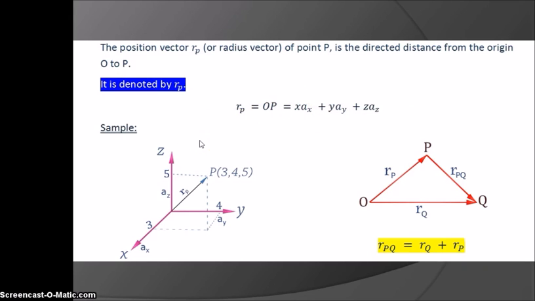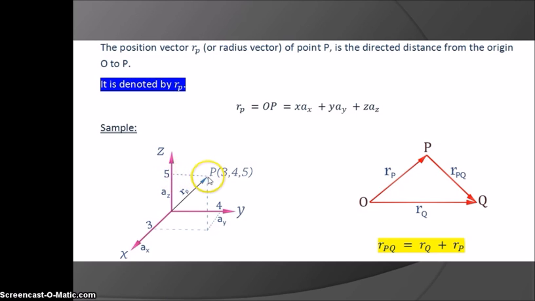What it actually means is, when you have any point whatsoever, the point could be here, could be here, anywhere, you will just have to trace where the point meets each of the axes.